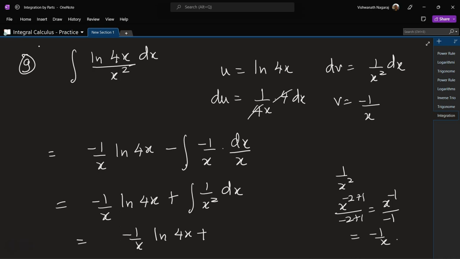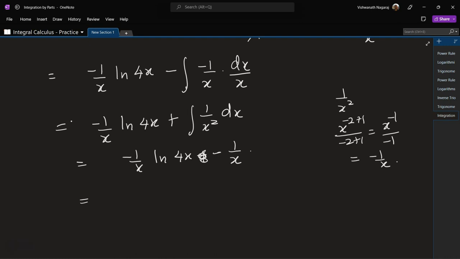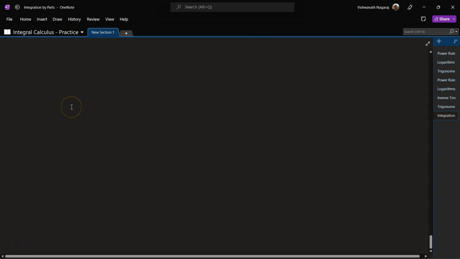So instead of plus, minus 1 by x. Okay, and now since 1 by x is common, let's take it out: minus 1 by x times natural log of 4x plus 1.